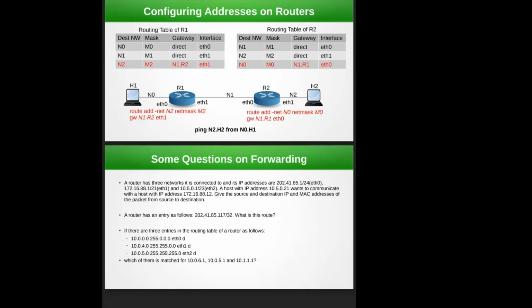So write the routing tables for all the routers as well as the hosts, and write, at every step, what the IP addresses in the IP header are and the MAC addresses in the frame header. It's a good exercise to see whether you understand forwarding well or not.